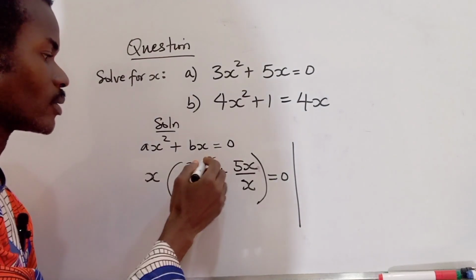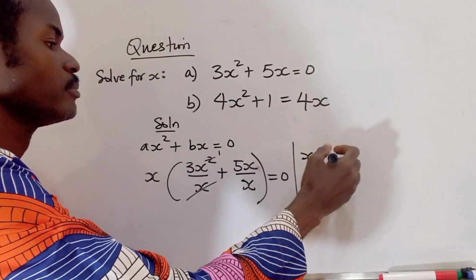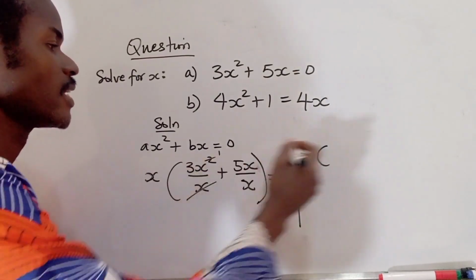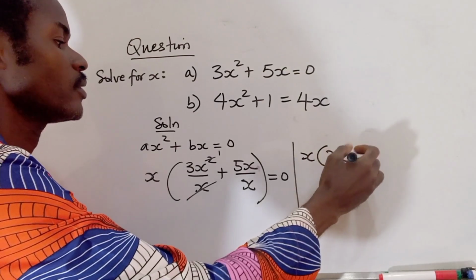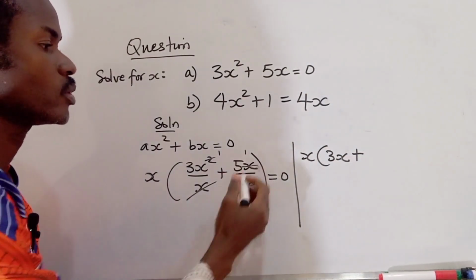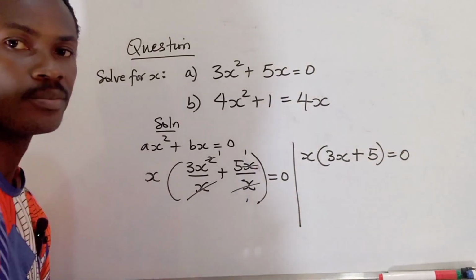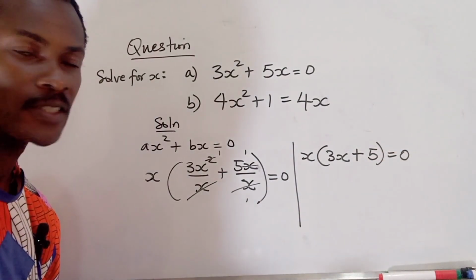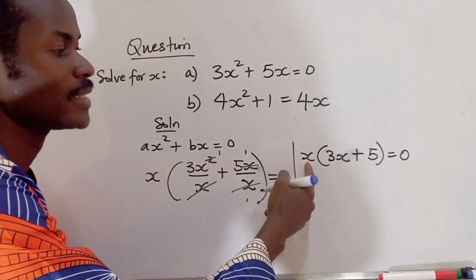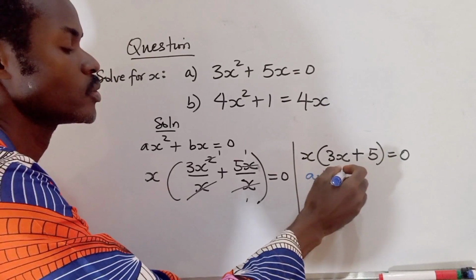So this will cancel one here. So we have x multiplied by 3x left, plus, now x will cancel x here is 1, so we're left with 5 is equal to 0. Now, having gotten that, we have to remember this is like saying a times b, so a times b is equal to 0.